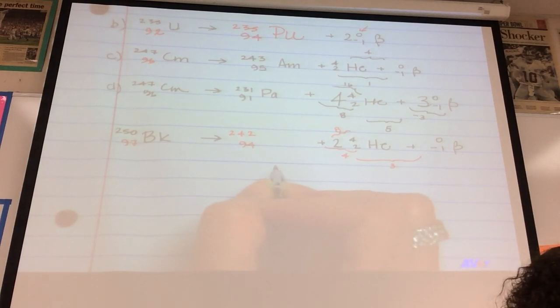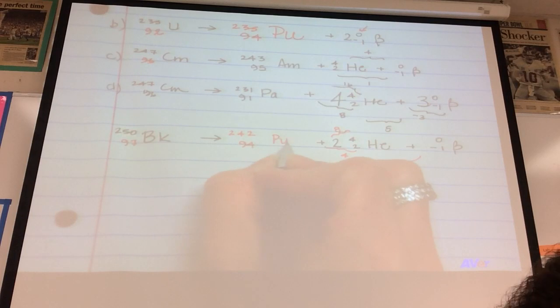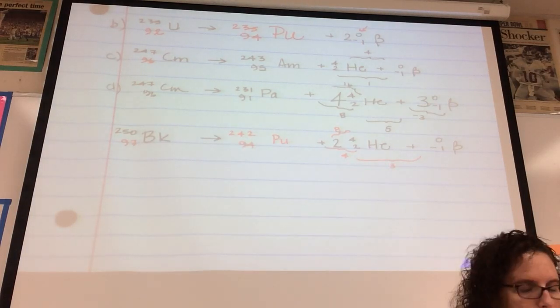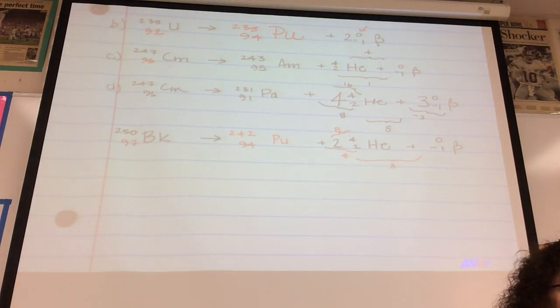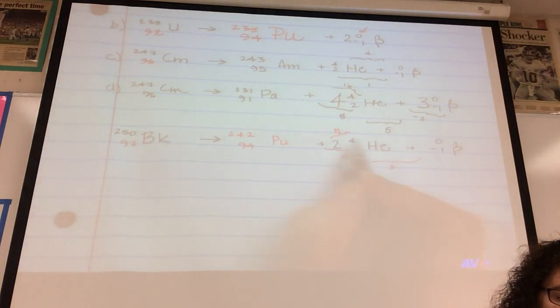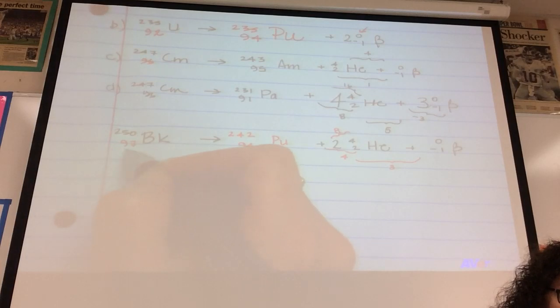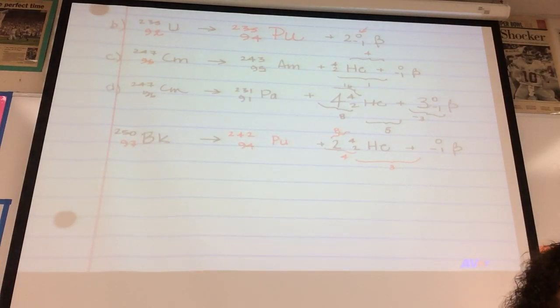And how do we figure out the element? You look at the periodic table. Does it matter if the mass number matches? No. Why don't you multiply the 8 times the 0? No, this is plus, so it's 8 plus 0 is 8. And then this is 4, and 4 plus -1 is 3. So 3 plus 94 is 97, and 8 plus 242 is 250. Does that make more sense?